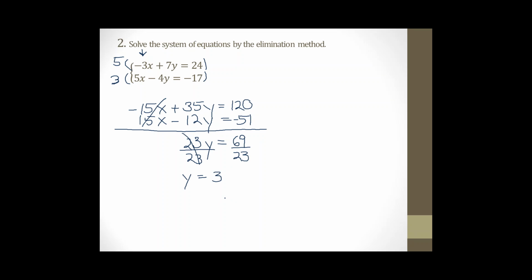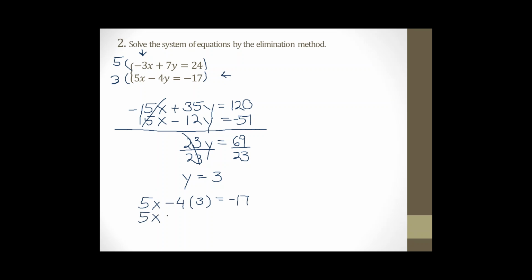And now we are going back and choosing either one of the original equations. I'm going to pick the second one, but there's no right or wrong, so you could have also picked the first one. And I'm going to plug in my y value to get my corresponding x value. So 5x minus 4, now y is 3, times 3 is equal to -17.